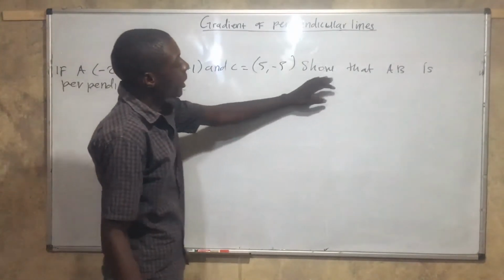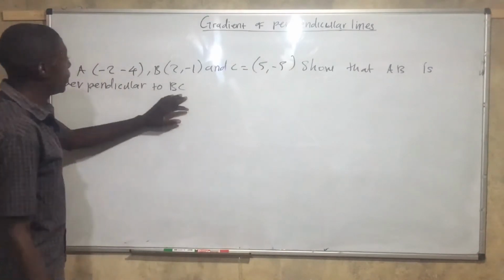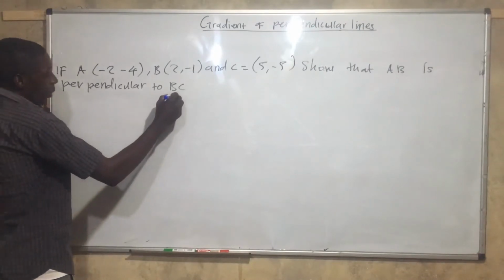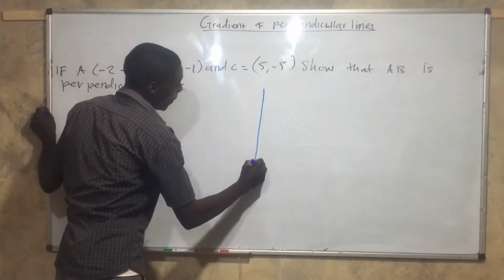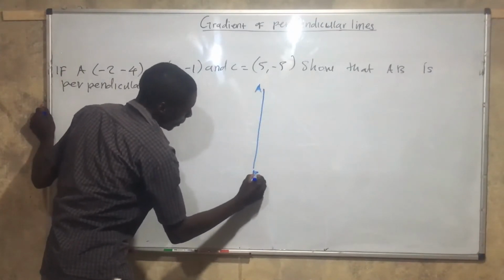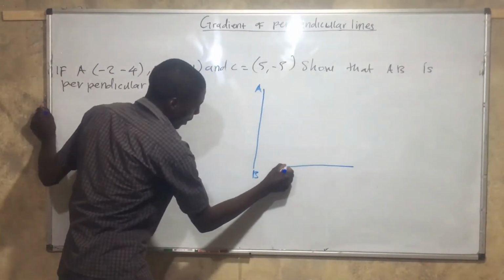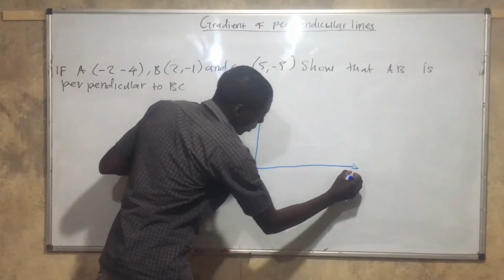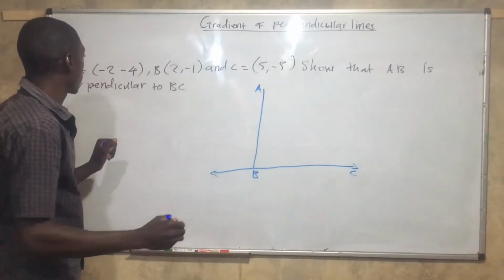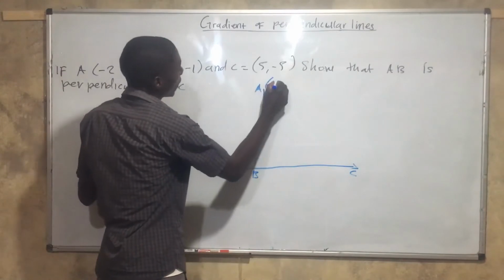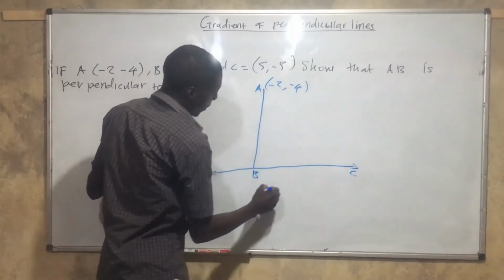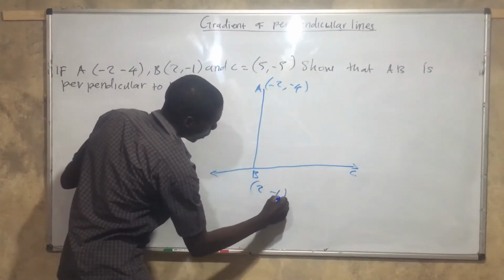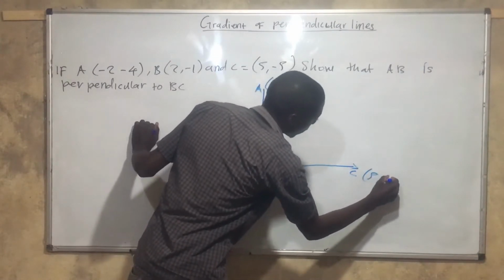If we are told to show that AB is perpendicular to BC, we can illustrate the information on a diagram. This is line AB, and maybe line BC is like that, or we say C is that side. A is (-2, -4), B is (2, -1), and C is (5, -5).